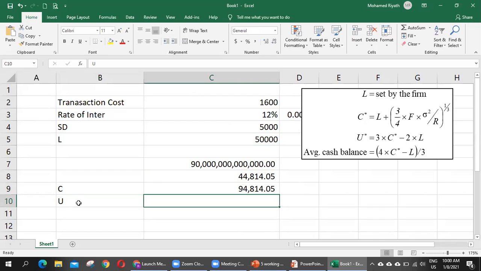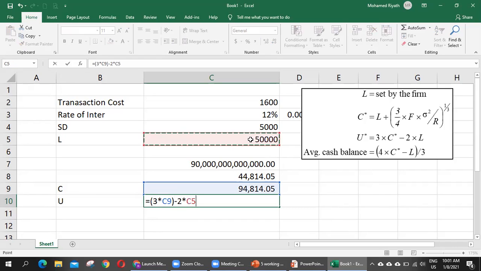How much is the upper limit? Upper limit equals 3 into the optimum balance, this one, the optimum balance 94,000, bracket, minus 2 into the lower balance, 2,000.